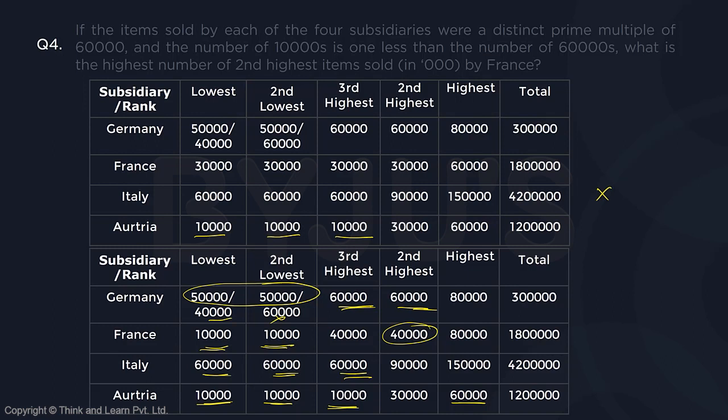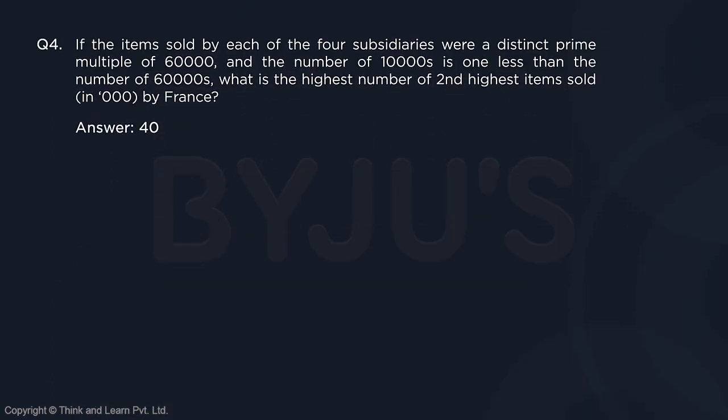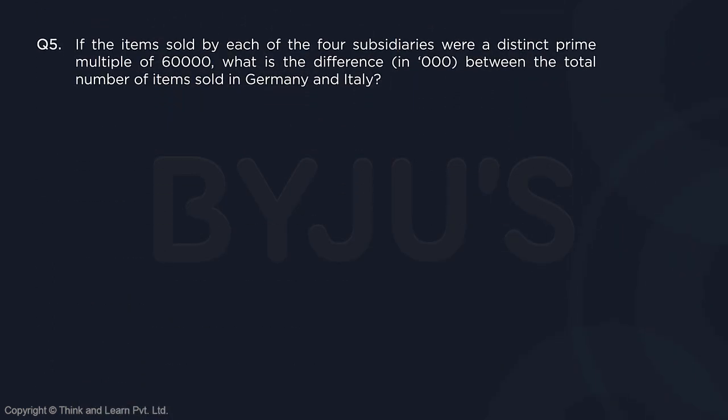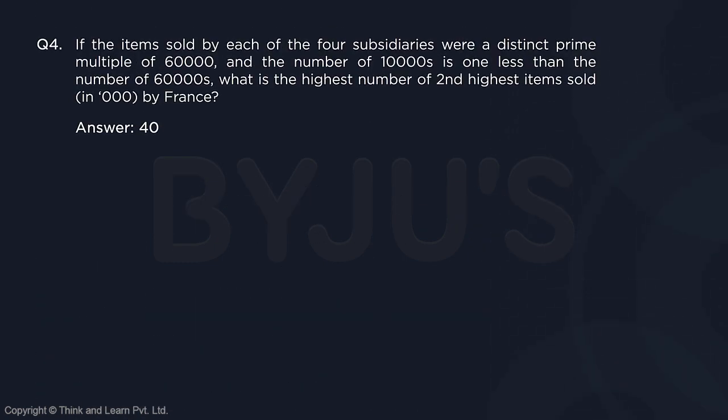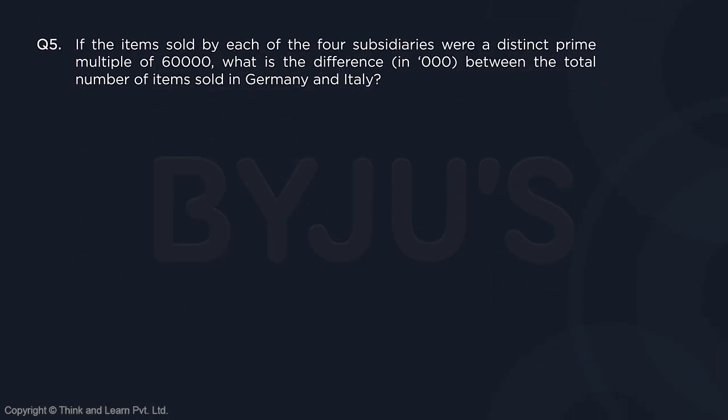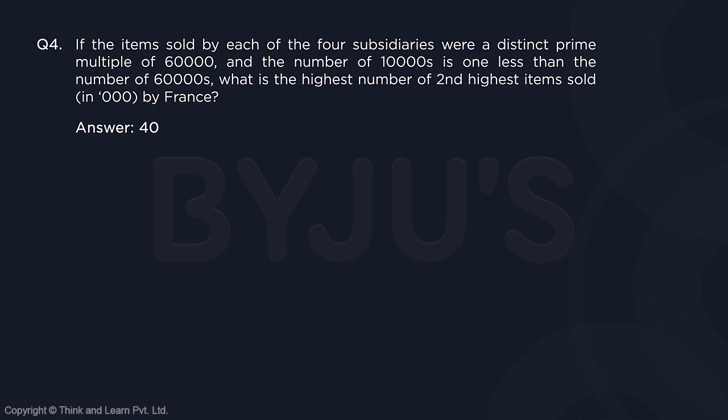Irrespective of that, the answer will be the same, right? 40,000 only. Okay. In thousands, yeah. Look at the figures also, right? The values are in thousands, so you must put 40 only, right? Not 40,000 in the data-based questions. Okay.